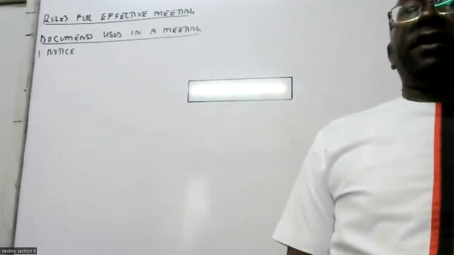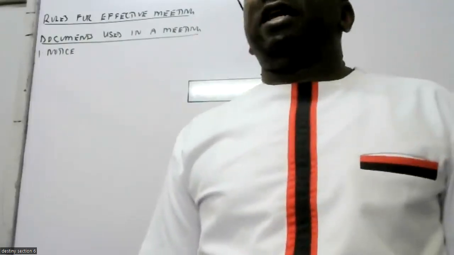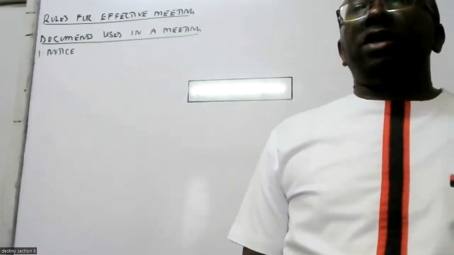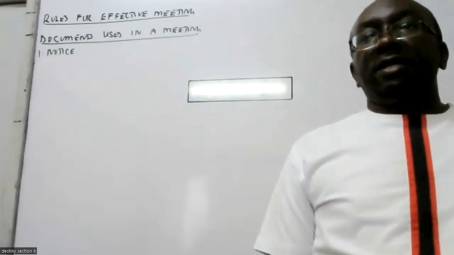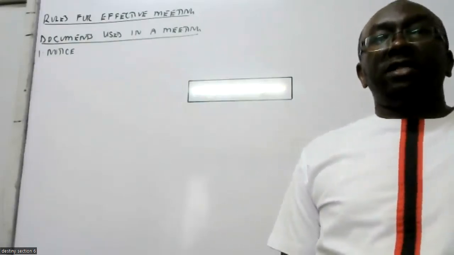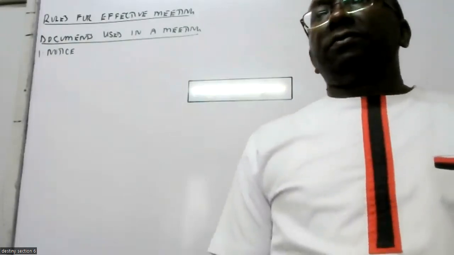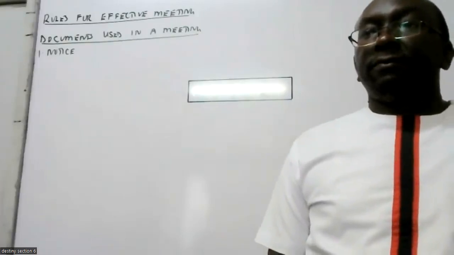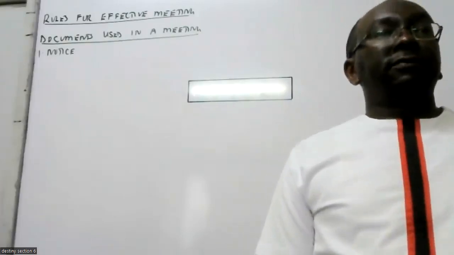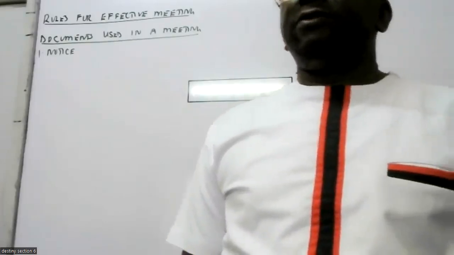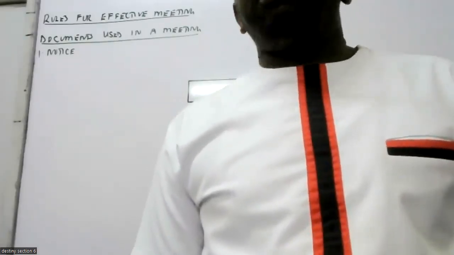Otherwise, if you don't clarify all these things, especially in regard to some meetings which traditionally we know when they are held. For example, if I'm inviting you for my dowry on 29th of June, which day will that be? It will be on a Saturday.